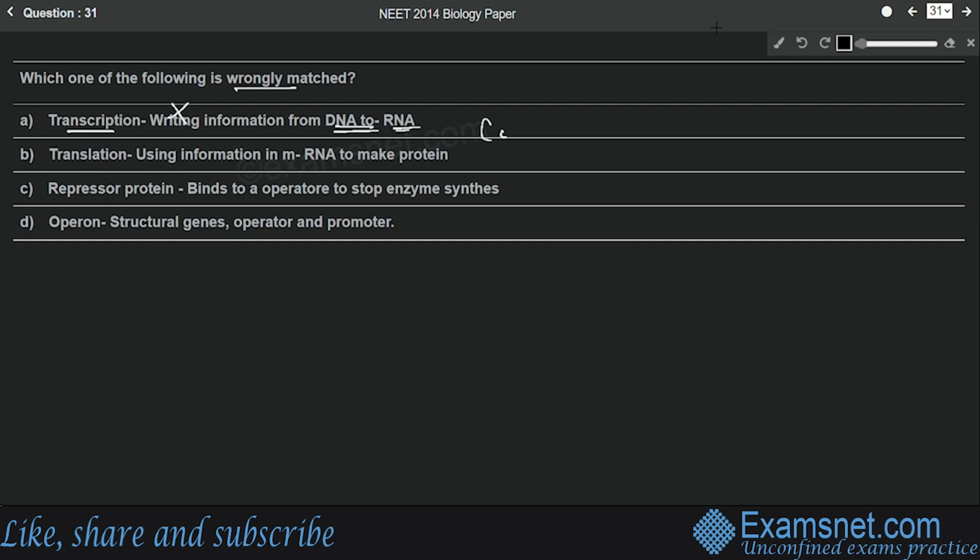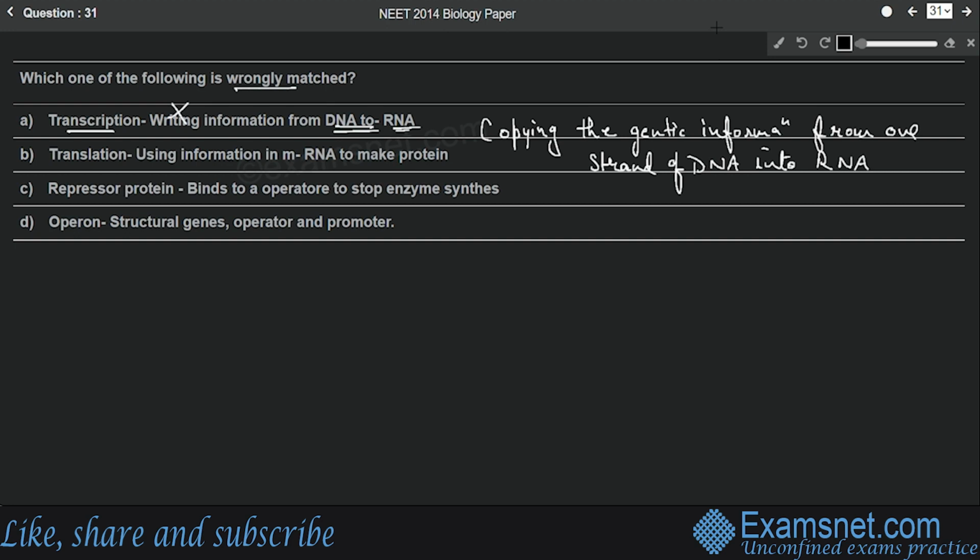Okay, it is the process of copying the genetic information from one strand of DNA into RNA.